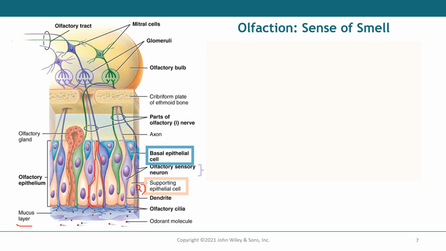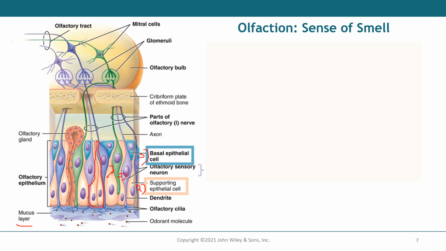They have three main functions: physical support, nourishment, and electrical insulation for the receptors. So if you see here, all these receptors need help, and this is why the supporting epithelial cells are helping.